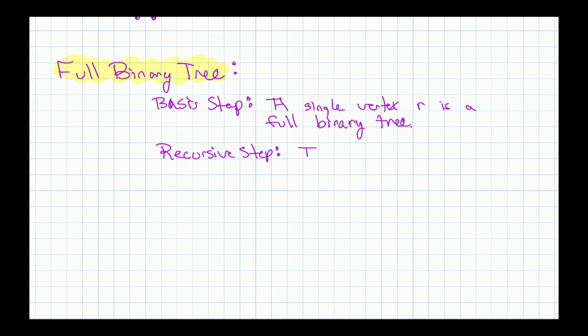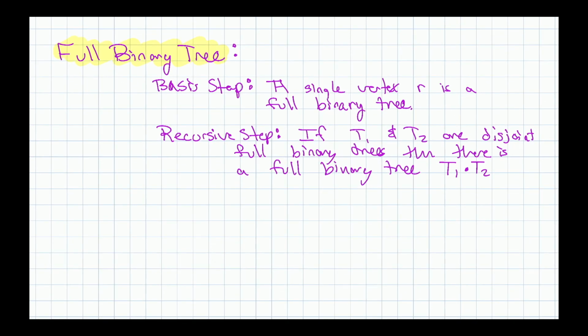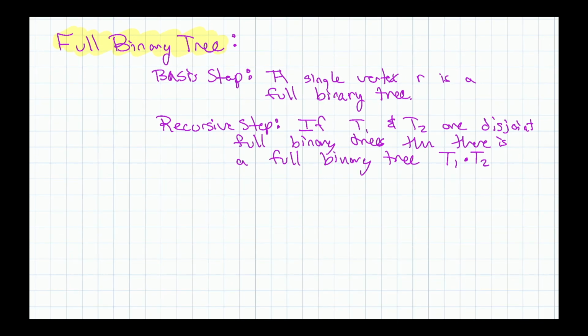If T1 and T2, again, are disjoint full binary trees, then there is a full binary tree T1 dot T2, again, that's how we're going to call it, consisting of R together with edges connecting the root to each of the left subtree and the right subtree.